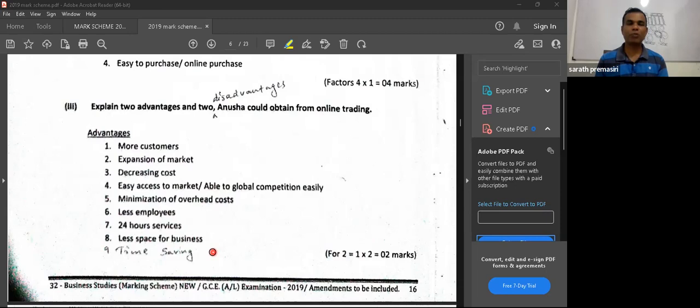Can do business involving less number of employees.